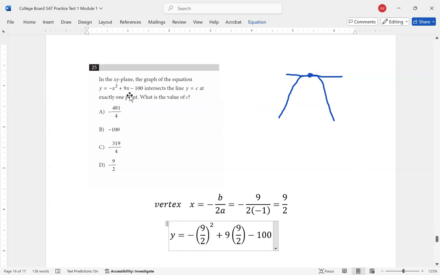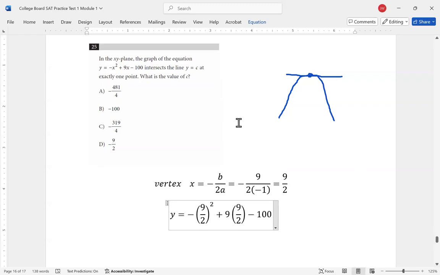So I plugged it into my equation, and I would simplify that right-hand side. The y value in this case, you can square that. By the way, be careful when you write the squaring, because you're going to have to square 9 and square the 2 if you write it this way.